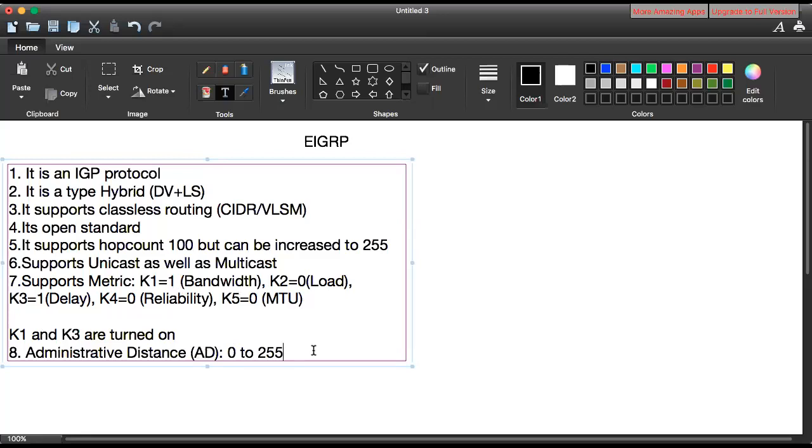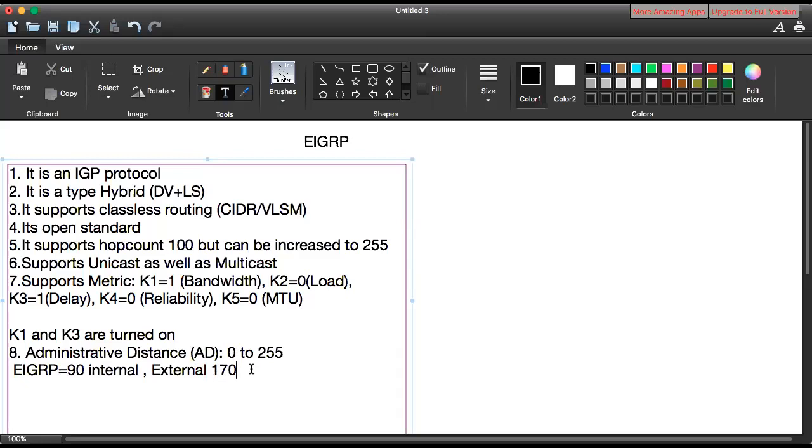So here in EIGRP, the AD is 90 for internal prefixes, and for external, it is 170.